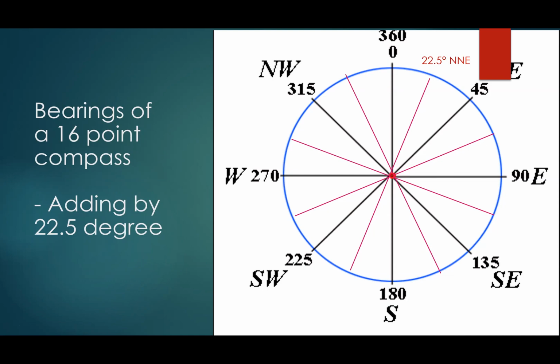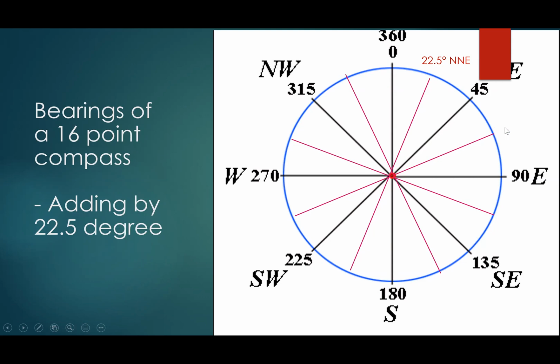Do you understand what I'm saying? Let's go. So 0 to the first line is 22.5 degrees. 22.5 degrees plus 22.5 degrees gives us 45 degrees, which is northeast. What is the direction that we are going to put right here from our last class? You learned it in our last class.